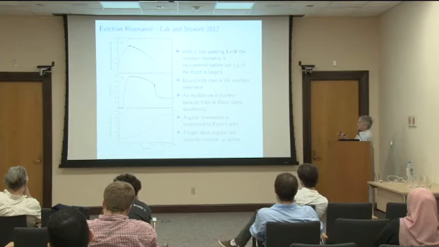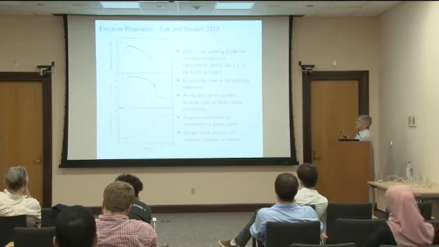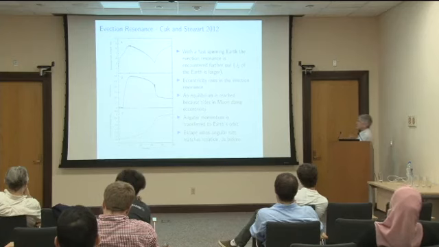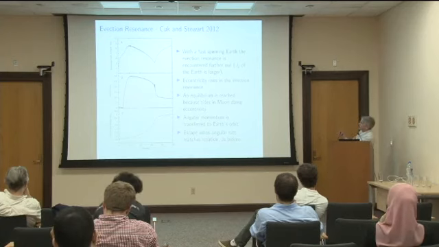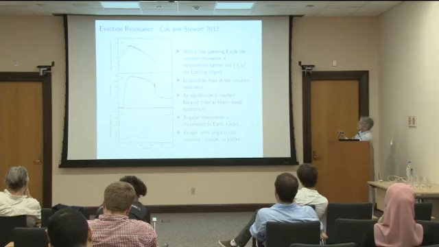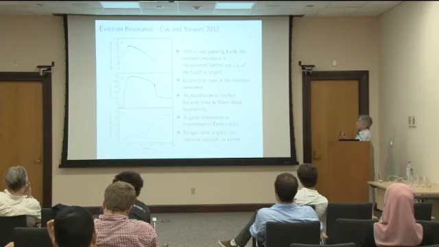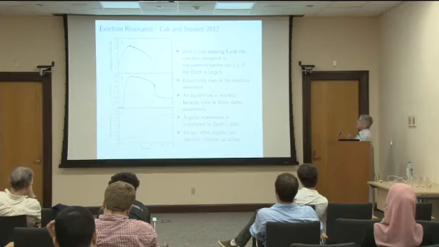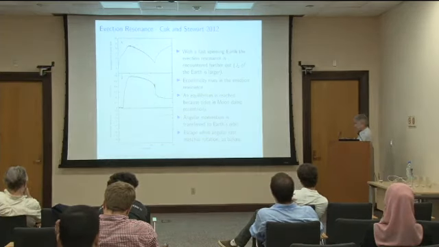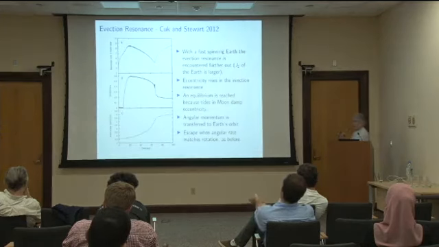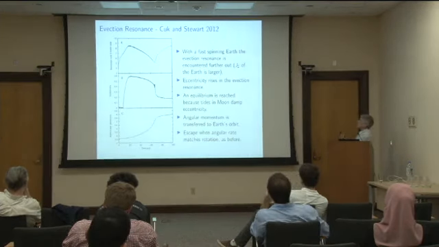It's captured in the evection resonance by a balance between the eccentricity damping due to dissipation in the Moon and the rise of eccentricity due to the passage through the evection. And then while you're in this equilibrium state, the Sun drains the angular momentum and the semi-major axis drops until you get to a point where the motion of the pericenter of the Moon matches the Earth rotation, and then you fall out of the evection resonance.